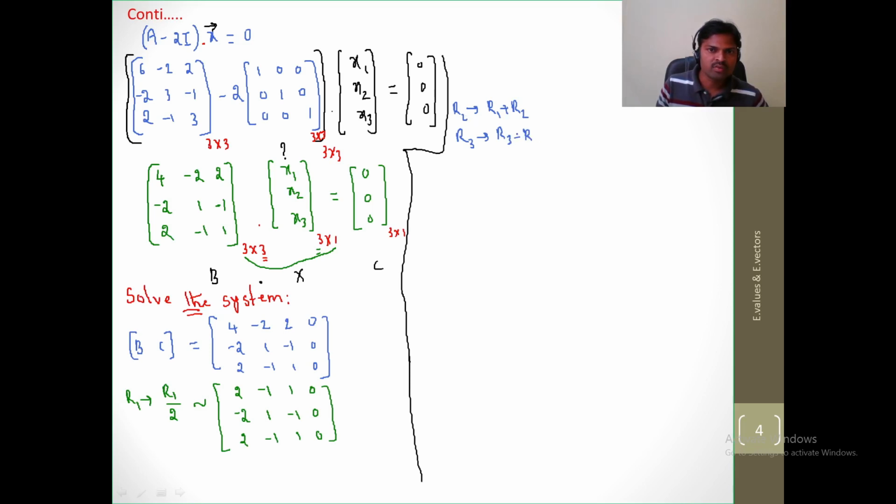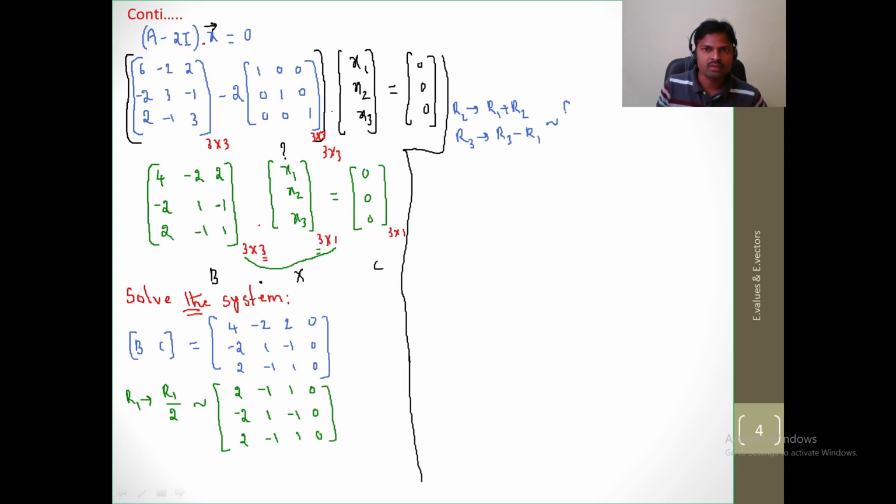See, for example, though this entry becomes 0, I should not use this operation, because R2 is already modified. So a modified row we should not use here. So try to change the row operation. Okay, R3 minus R1.